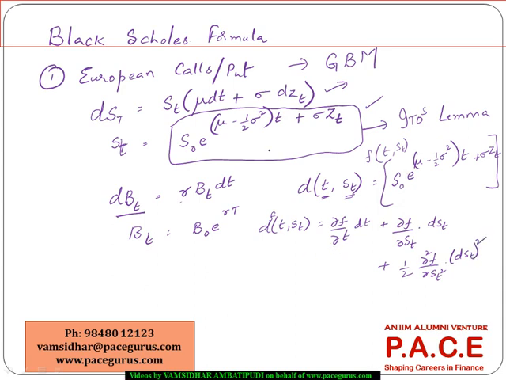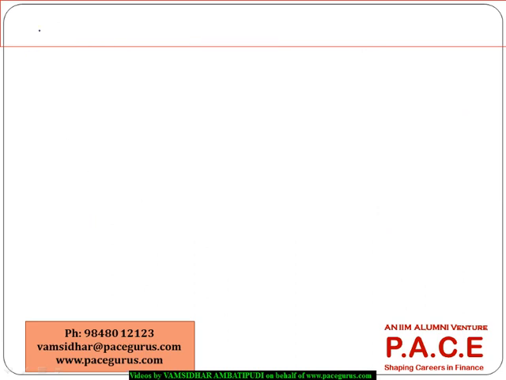So using this Itô's lemma, I am taking f of t comma S_t as S naught into e power (mu minus half sigma squared) t plus sigma dZ_t.